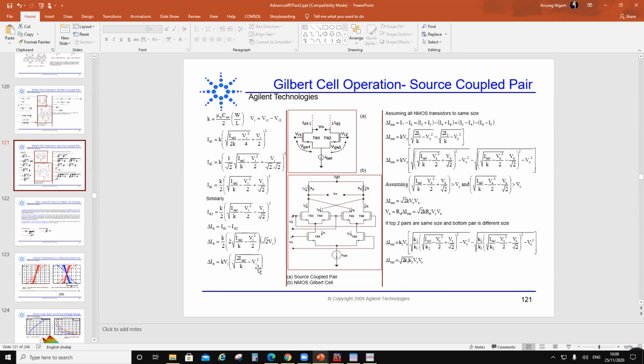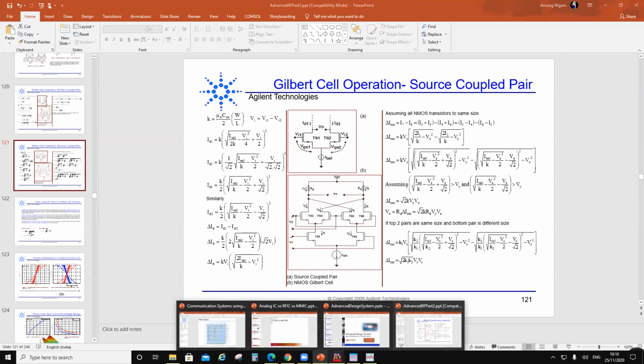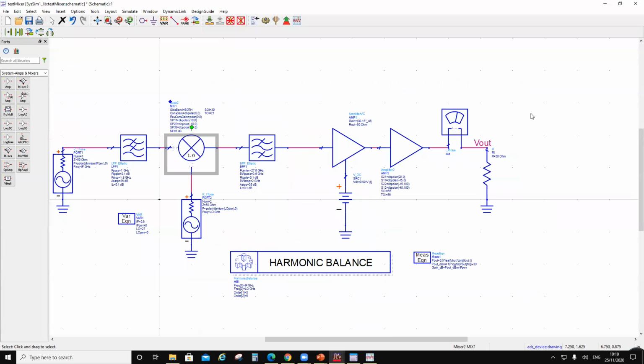So what happens in a communication system is, if you operate these mixers with very high conversion gain, what's going to happen? You are going to put out a lot of harmonics into our chain. So this is our chain.